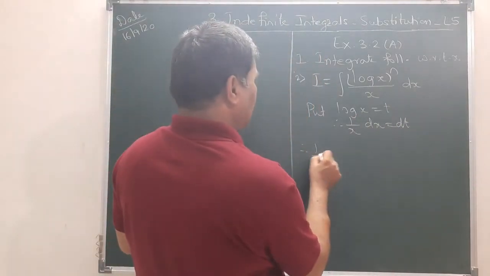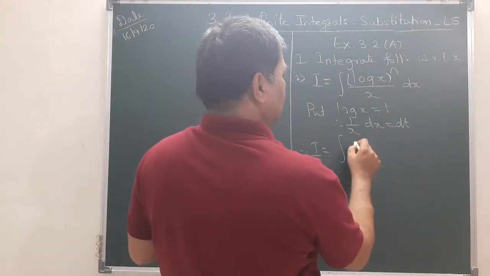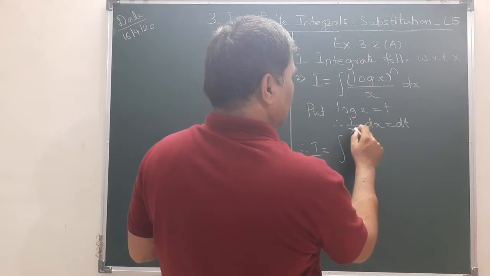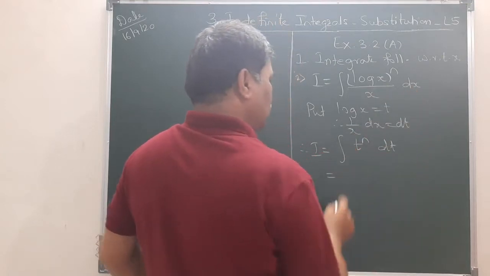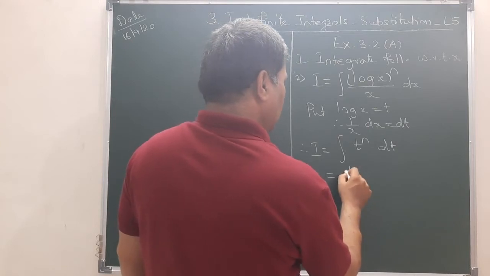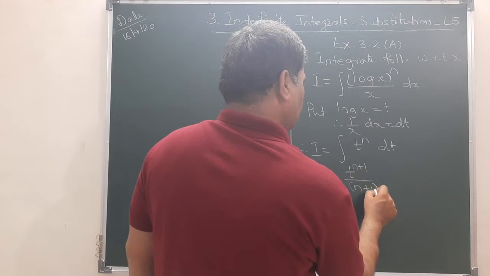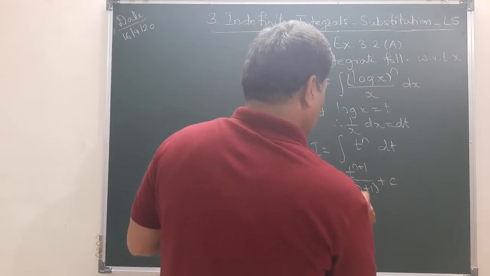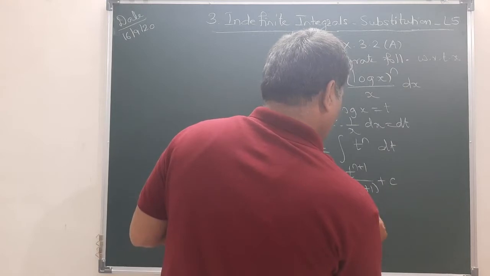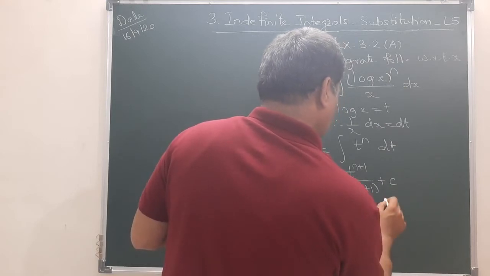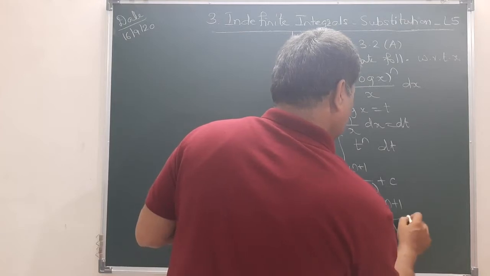With this substitution, I is the integral of t raised to n dt, which is t raised to n plus 1 upon n plus 1 plus c. Resubstituting, it is (log x) to the power n plus 1 upon n plus 1 plus c.